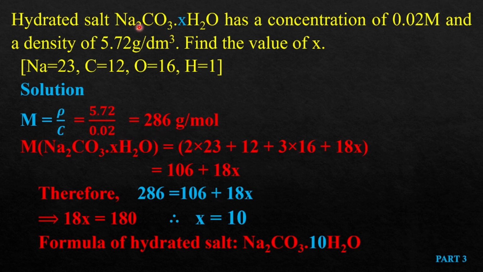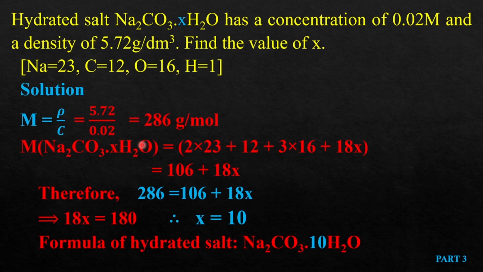Now what do we do? We are dealing with this compound here, and we know that if you are to solve for molar mass, it is the molar mass which is equated to this compound. So we have molar mass of this compound to be equal to 2 times Na plus carbon plus 3 times oxygen plus x times 2 times 1 plus 16.